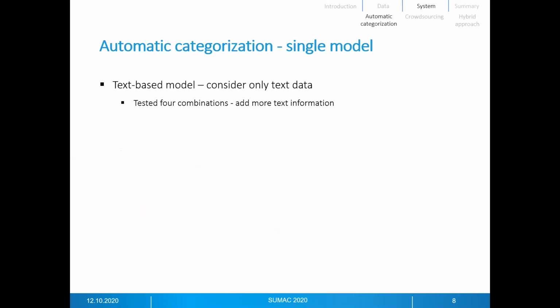Initially, we evaluate the accuracy of the machine learning models by considering only textual features. Feature extraction is done with the TF-IDF algorithm. To analyze the importance of the generated features, we run the evaluation of the model separately based on different settings. We tested 4 combinations, in each step adding more text information.